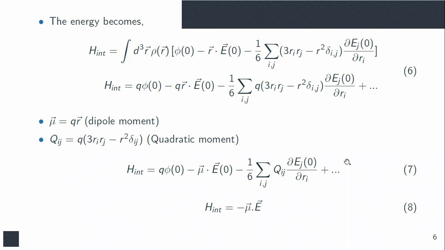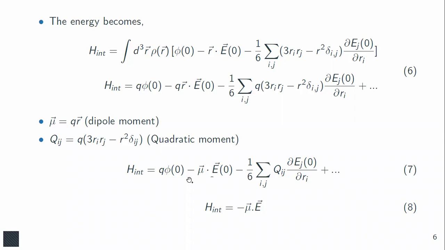The first term is just describing the interaction of charge with the field in the form of the scalar potential. The second term is the interaction of a dipole moment with the electric field, as the dipole moment is just two charges separated from each other, usually oppositely signed charges.